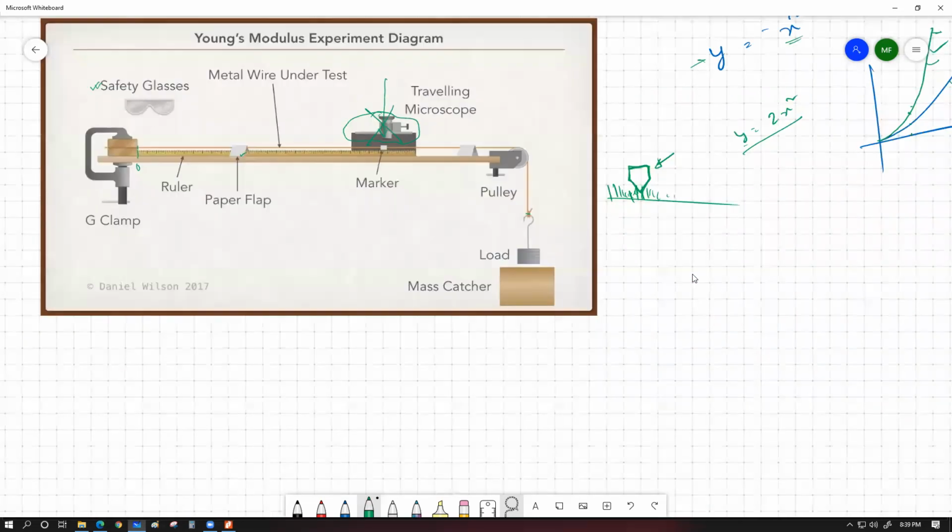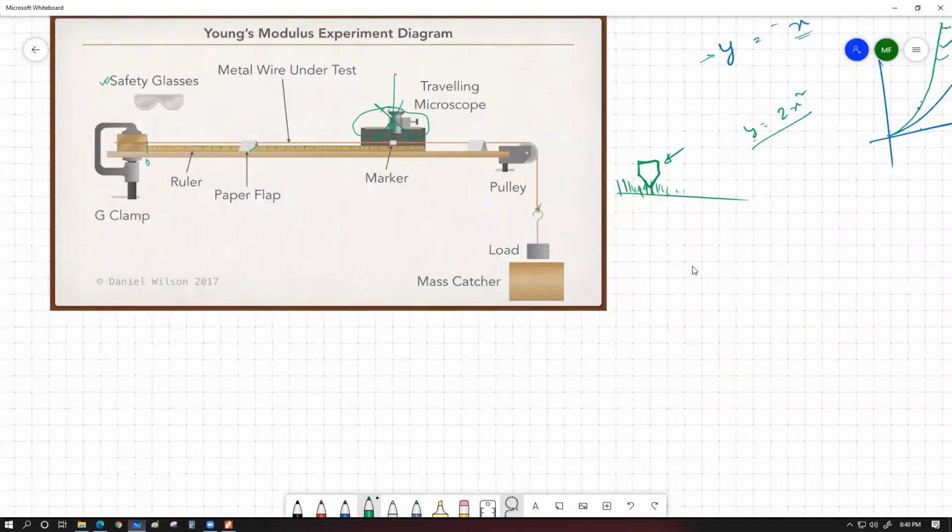Then how do we do the experiment? First of all, we do not attach all the loads over here. We attach only a small piece of load at the beginning. Let's say we're going to attach only a very small load onto this setup. This is something we are going to call the dead load.